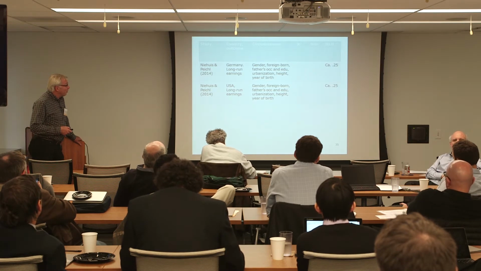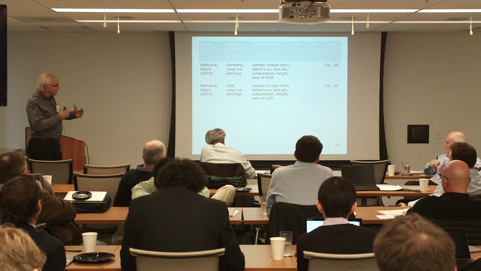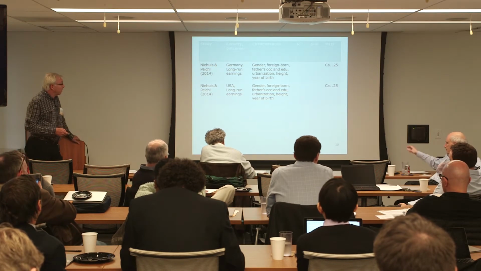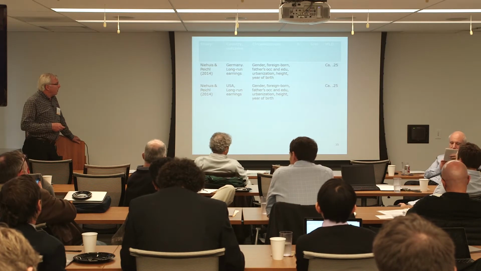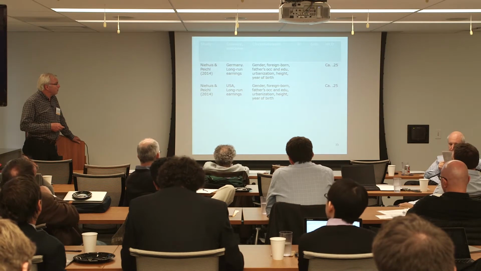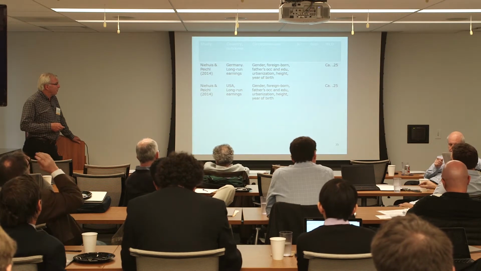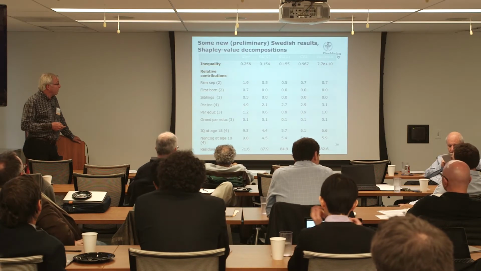And here is also father's occupation and education, so it uses one of the advantages that you have here. Our ambition here is to exploit more explicitly the advantages that this approach has on Swedish data.